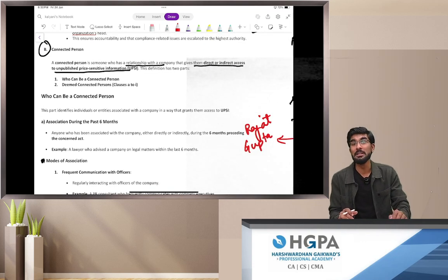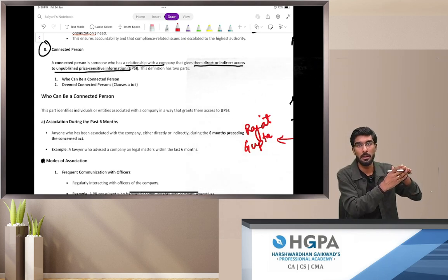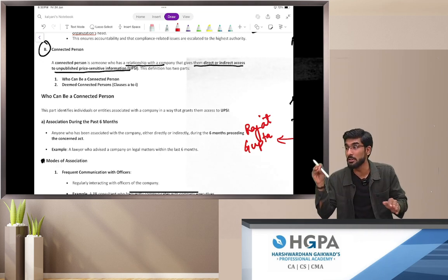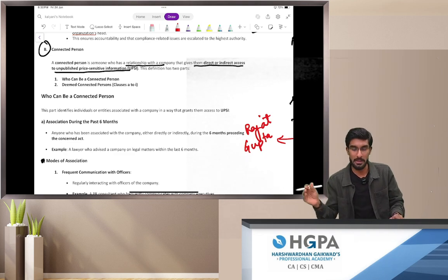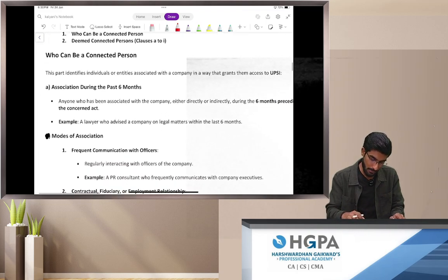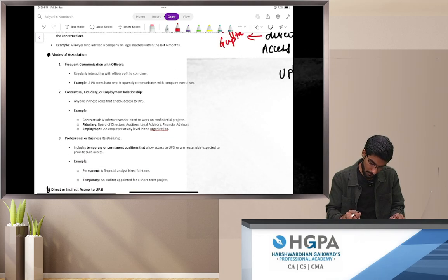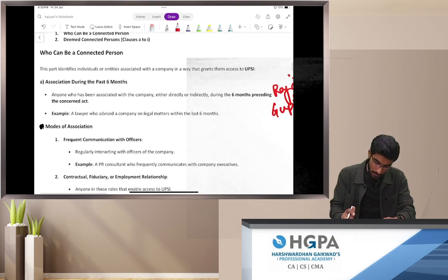Now, connected person can be categorized into two parts. Connected person, next is deemed to be a connected person. Even though he is not a connected person, he will still be called a connected person. Let's understand who are the connected person.